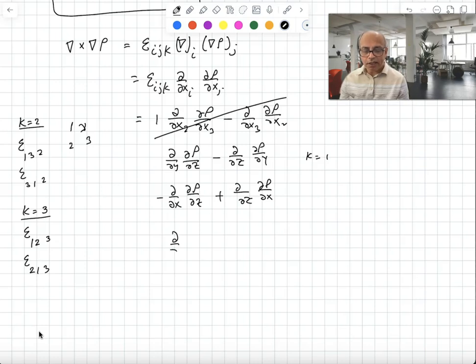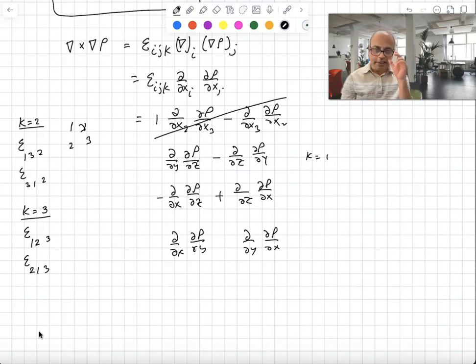So d/dx d rho/dy, and this one will be d/dy d rho/dx. One is positive, one is negative. Even if you make a mistake, it's not a problem, but you don't want to make a mistake. 1, 2, 3 counterclockwise is positive, and 2, 1, 3 clockwise is negative.